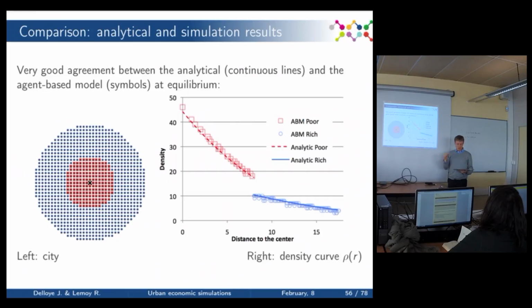The main difference is that the analytical model is continuous. You have a continuum of households, and you have a discrete number in the simulations, of course. And so you see it, especially here, there's a discrete number of people per cell. So here you have 10, 9, 8, etc. So it's like a step function. You see it very clearly in the end.